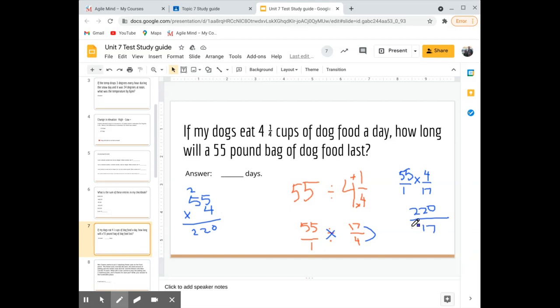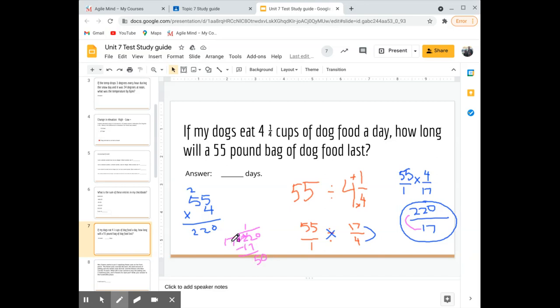17. So how are we going to figure this out? What do I need to do with this? Don't I need to see how many times 17 goes into 220? Yeah. So let's do that. How many times does 17 go into 22? 1. What's 12 minus 7? 5.